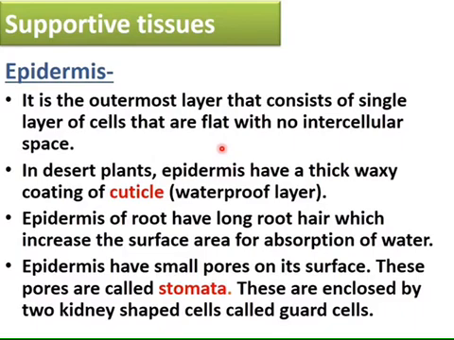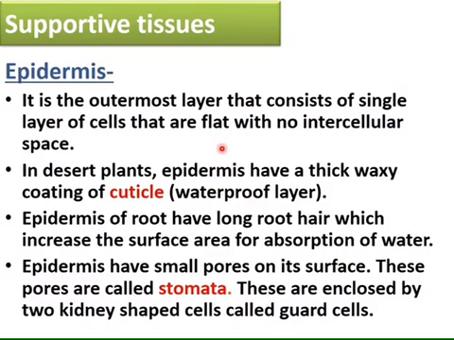So it is about its structure: cells of epidermis are flat and there are no intercellular spaces between the cells. That is why it is supportive in nature, because there are no intercellular spaces.